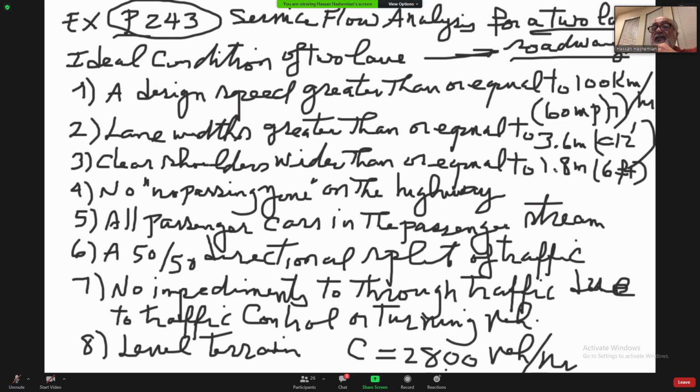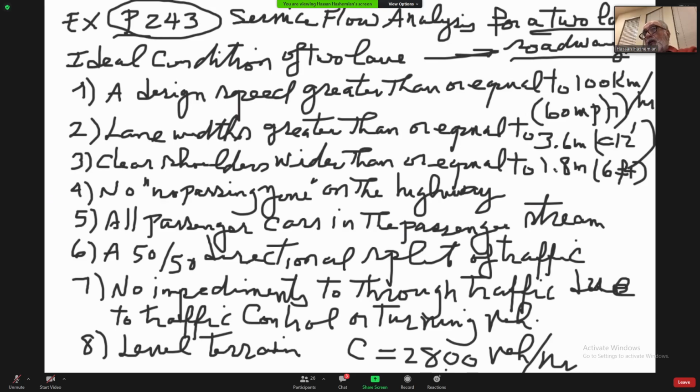So we want to figure out how we can calculate the capacity then, or what we call service flow. The difference between capacity and service flow is this. The service flow is the volume at a given level of service.